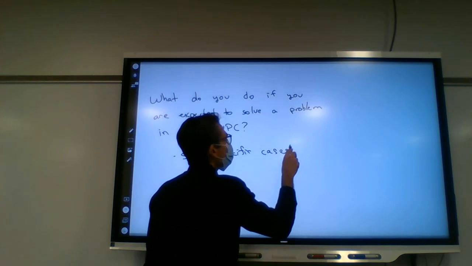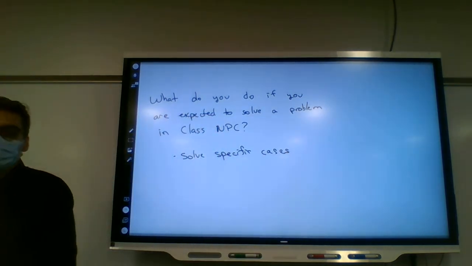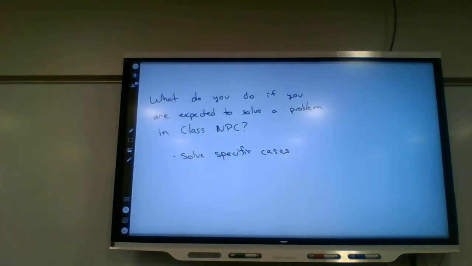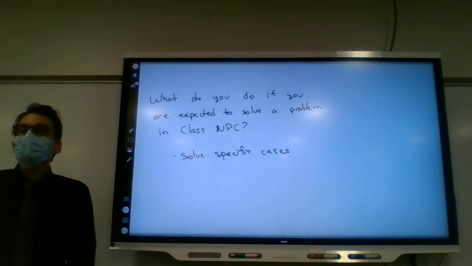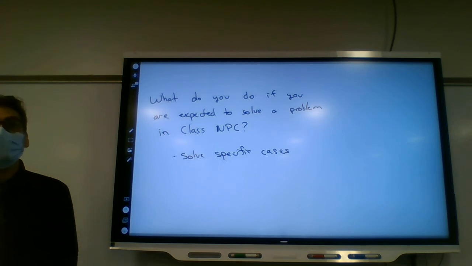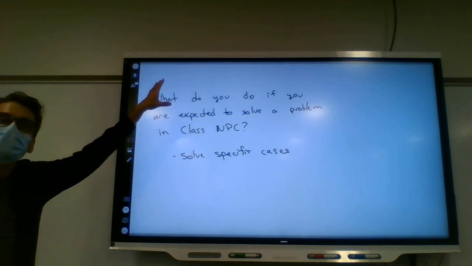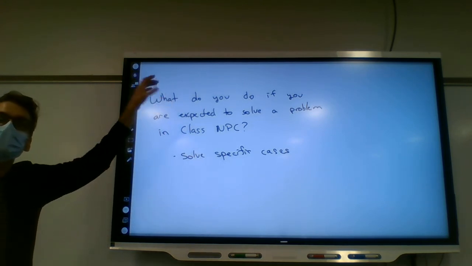So for domination, for instance, in certain kinds of graphs, it's not a difficult problem. In certain kinds of graphs, we can easily solve domination, even in linear time in some scenarios. So sometimes it might be that we can solve specific cases that will cover whatever physical, real-life kind of thing we have to deal with.